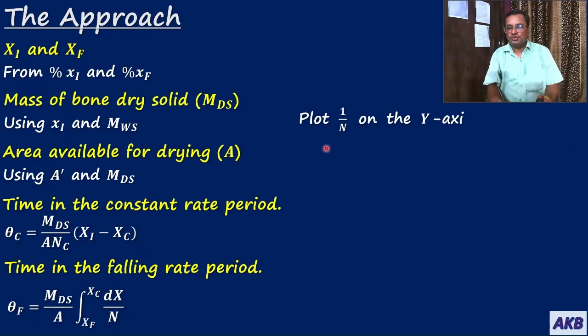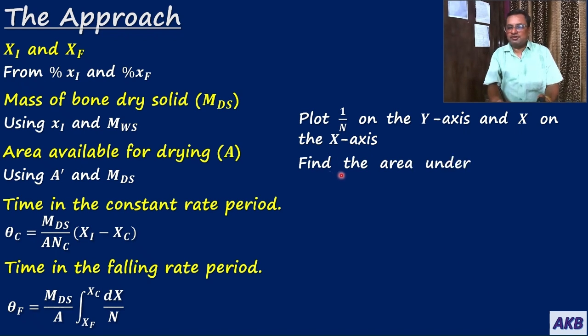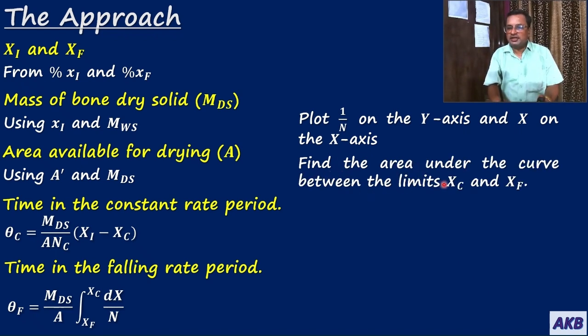And how are you going to do that? We will plot a graph of 1 upon N on the y-axis and capital X on the x-axis. So this graph will give us a curve, and we will find the area under this curve between the limits Xc and Xf. This area is nothing but the integral in this equation.